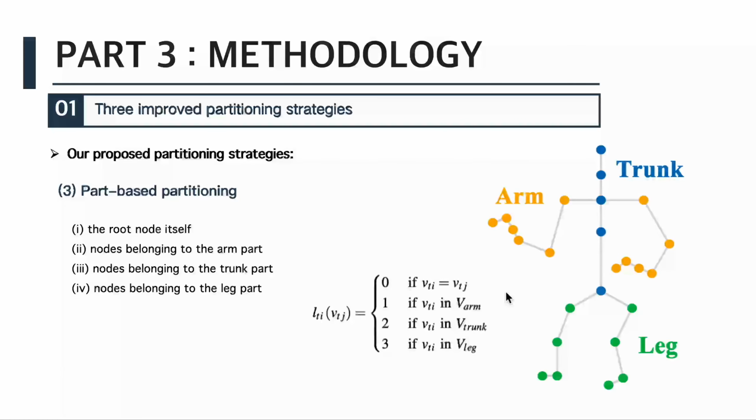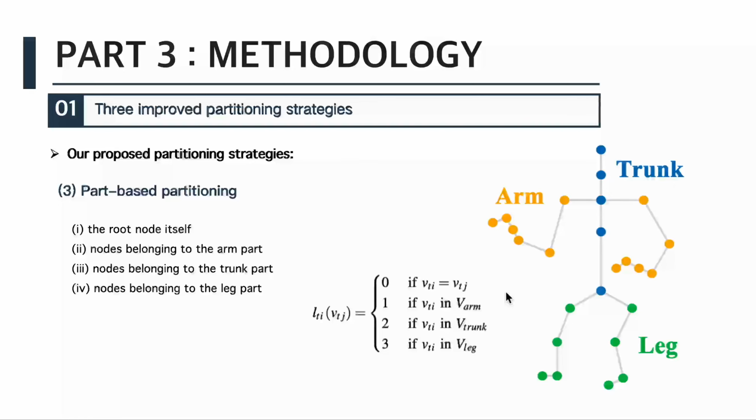The third is part-based partitioning. It is known that most of the actions involve interaction between different body parts, so we divide the human skeleton into 3 categories: trunk, arm, and leg, as shown in this slide.